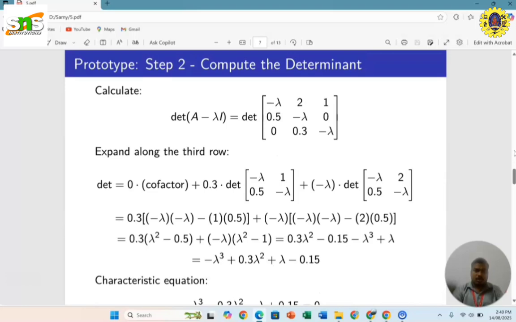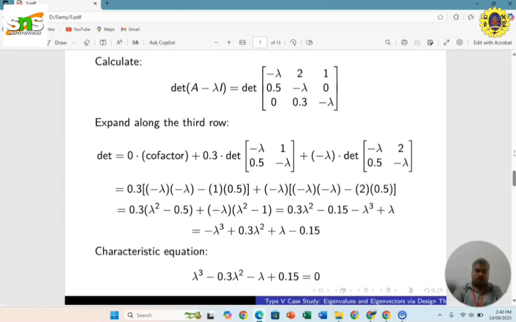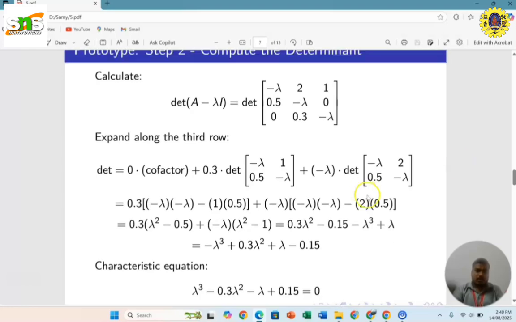Step 2, compute the determinant of A minus lambda I. We expand along the third row and equate with 0. The characteristic equation is lambda cubed minus 0.3 lambda squared minus lambda plus 0.5.